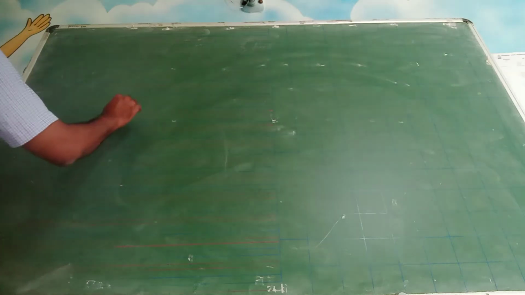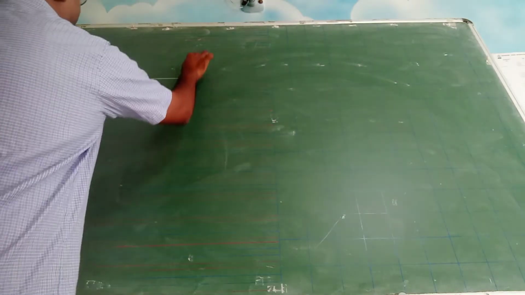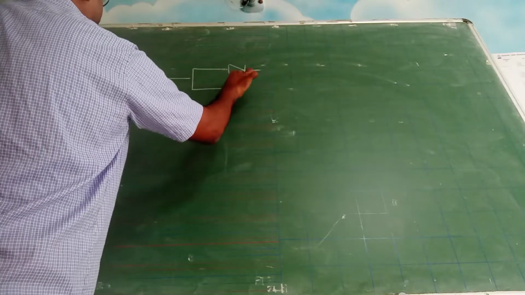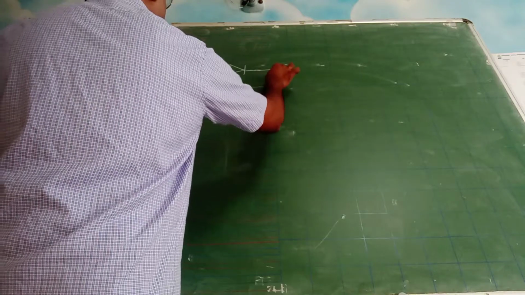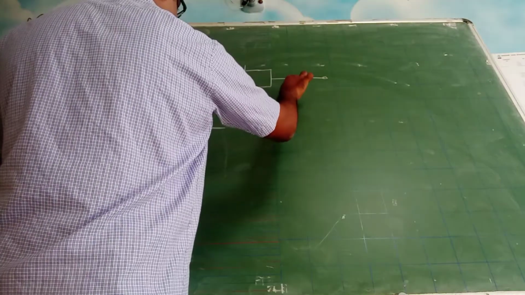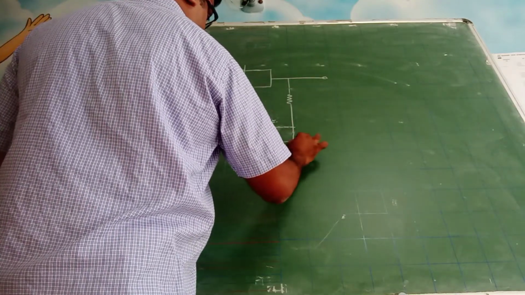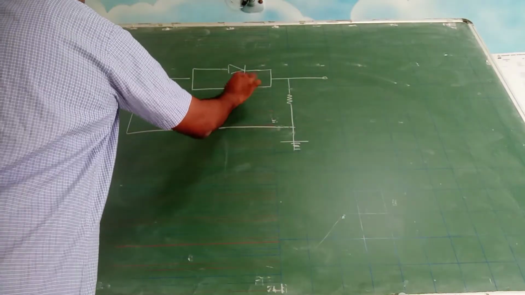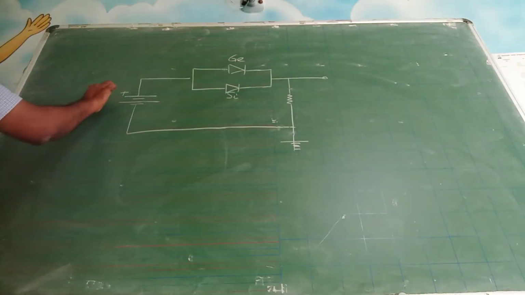Look at this question. Sometimes they give it like this. This is a silicon diode, this is a germanium diode, with a 1 volt battery.